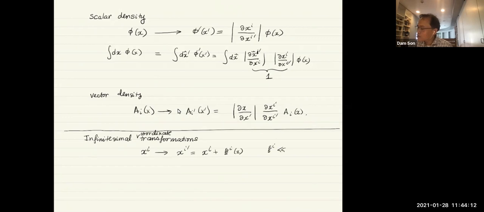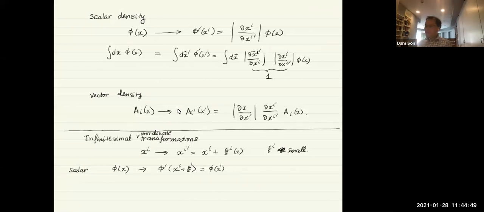I don't know what small compared to, but let's say small compared to anything that we need it to be small compared to. So then we can ask, how does it change, say, if I have a scalar φ(x) that goes to a new scalar φ', defined so that φ'(x'), where x' is x plus ξ, is equal to φ at x.